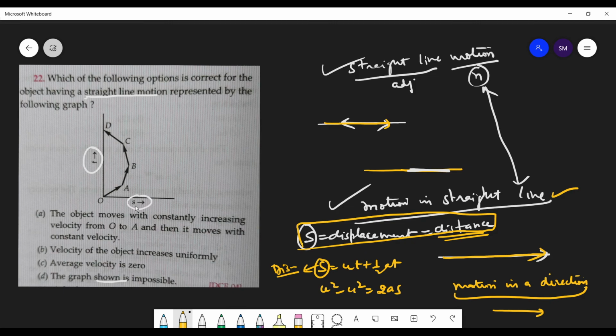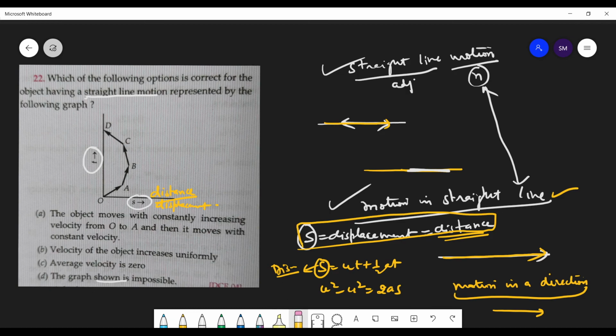Now, this definitely, as if nothing is mentioned, it will be displacement. And still, if we take it as distance, you are correct. So then what's the problem with this graph?